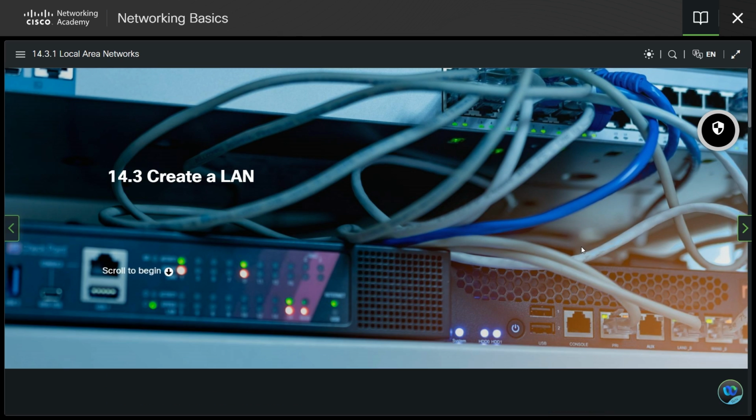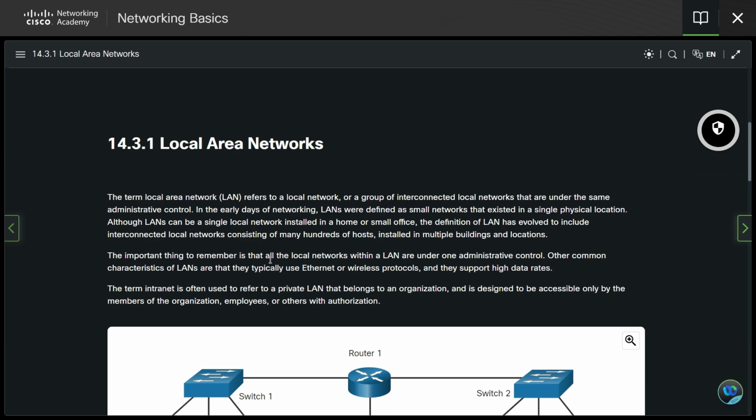So the next point is create a LAN, local area network. The term local area network refers to a local network or a group of interconnected local networks that are under the same administrative control. In the early days of networking, LANs were defined as small networks that existed in a single physical location.